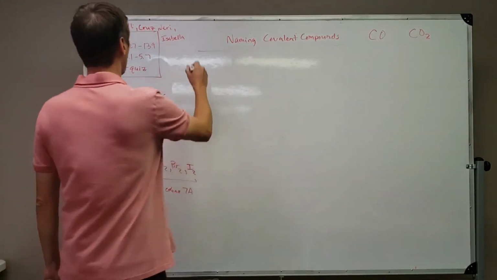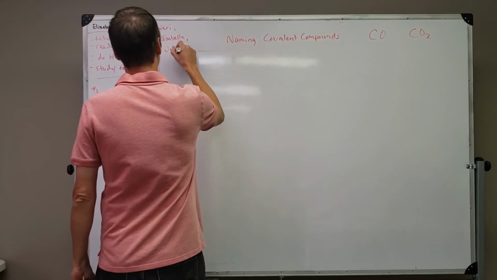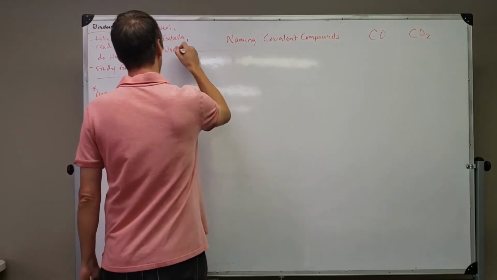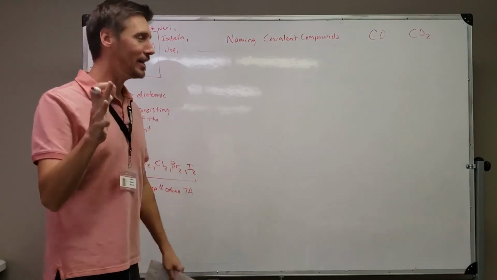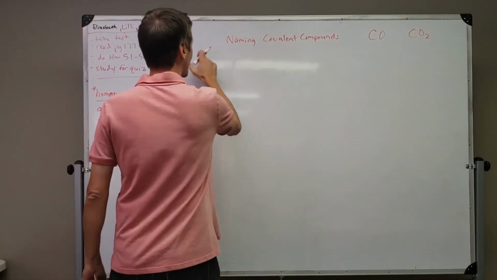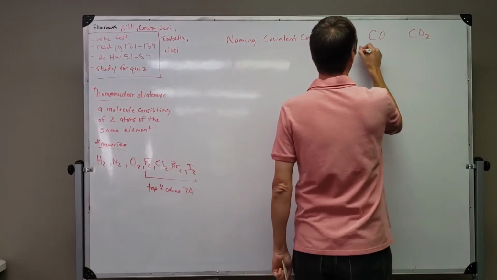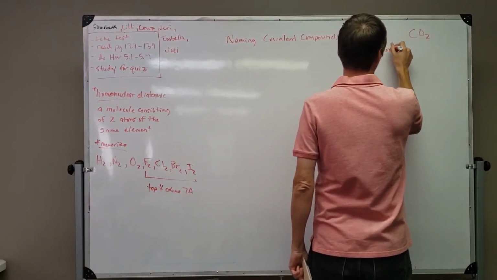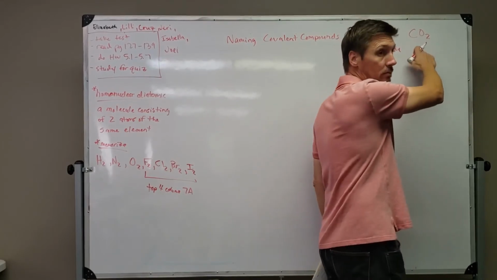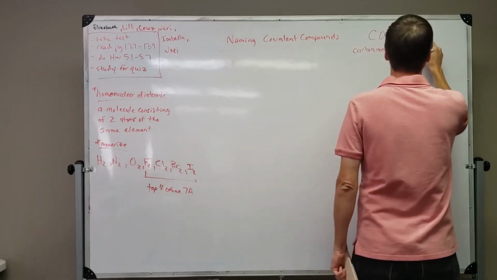Carbon monoxide. Wait a minute, you do it back. Wait, is it like that? Yeah. Okay. I tried to do "mono" the first time. That's right. I knew it was the opposite of what I initially thought. All right. So carbon monoxide. What's this one? Carbon dioxide.